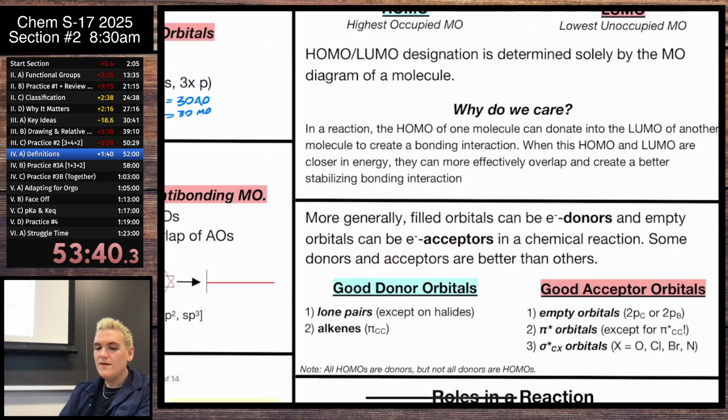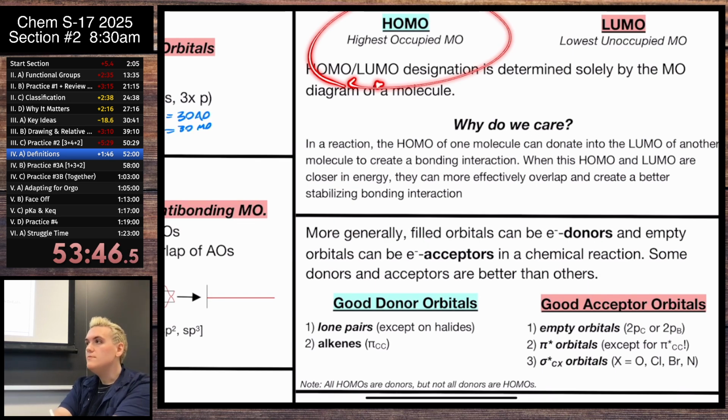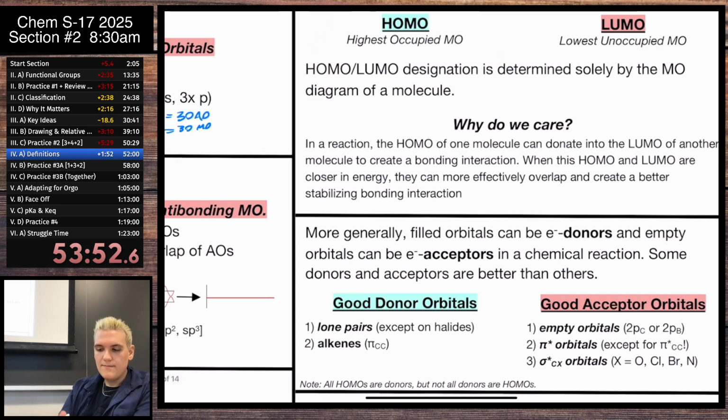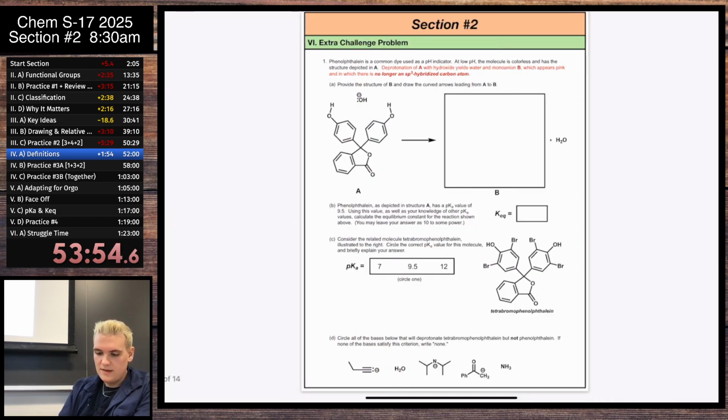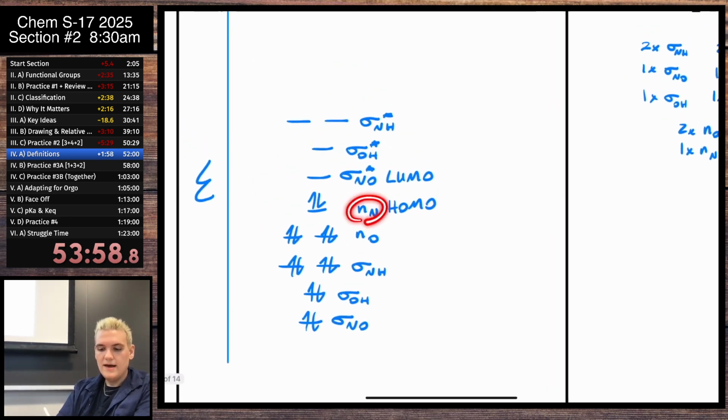So we also have this idea that any molecule that has a HOMO, that HOMO is going to be a donor, but just because a molecule has a donor does not mean that is its HOMO. So for example, in our hydroxylamine example, we have both the lone pair on nitrogen and the lone pair on oxygen.